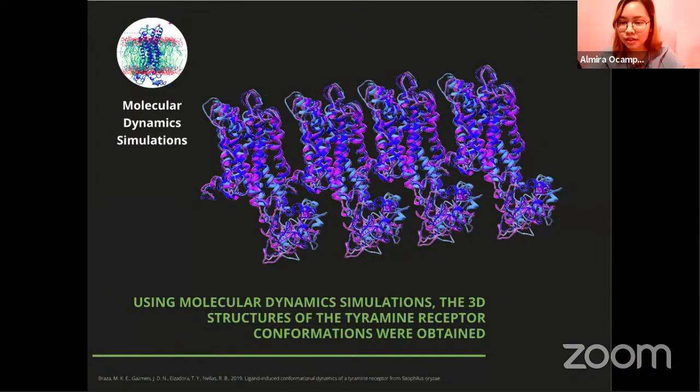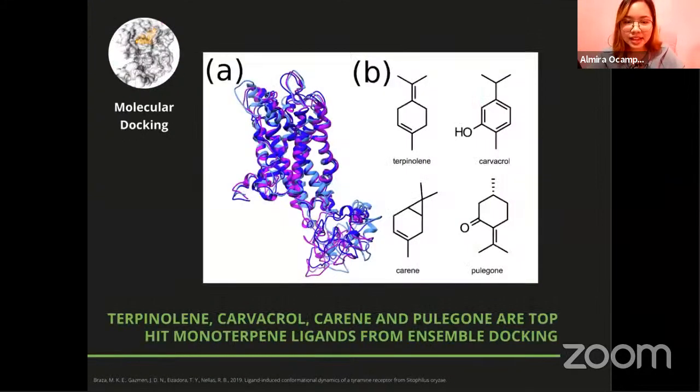After molecular dynamic simulations, we were able to obtain 100 protein conformations, or we could see it as 100 poses of our protein, which we will now call the protein ensemble. Okay, next slide. Now, using these protein ensembles, we will test our monoterpene compounds with them through molecular docking.